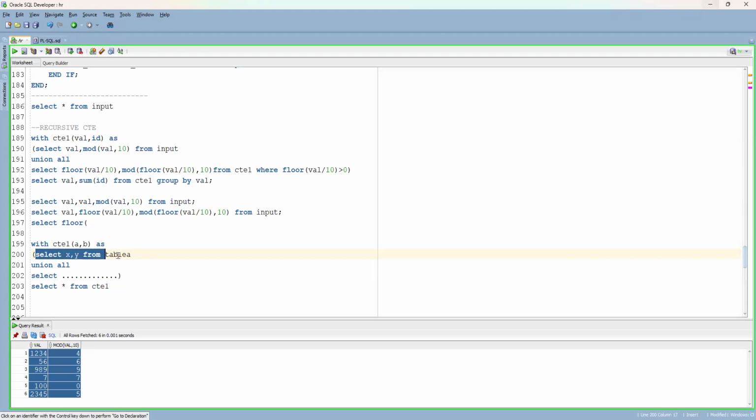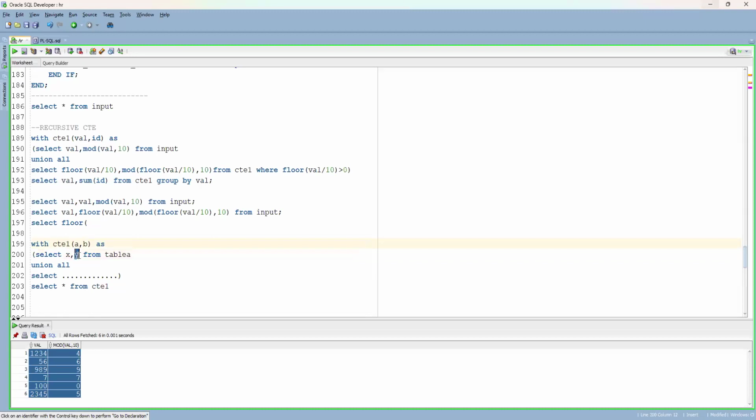First of all, is this query clear? Let's take a dummy table, table A, which has two columns, X and Y, that I'm extracting. Now, whatever output you get from this table A in the X column or Y column, the data of the X column will be saved in this column A of the CT1 table.